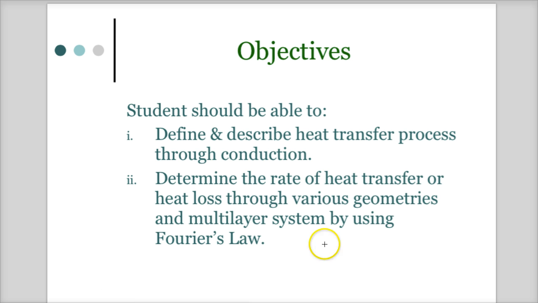No idea why, but we'll get through it. The second part is to determine the rate of heat transfer or heat loss through various geometries and multi-layer systems by using Fourier's law. Fourier's law is the basis for conduction in various geometries.